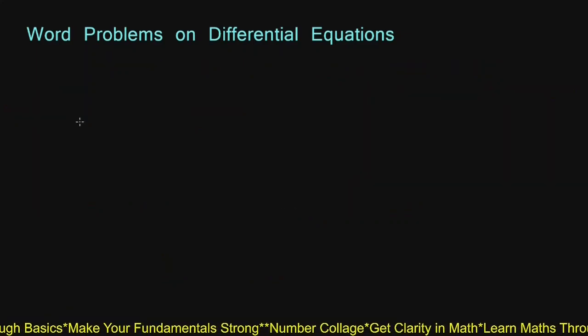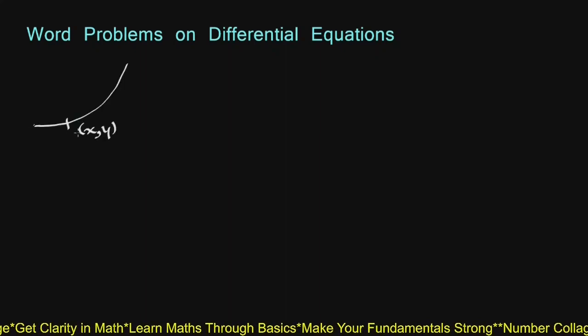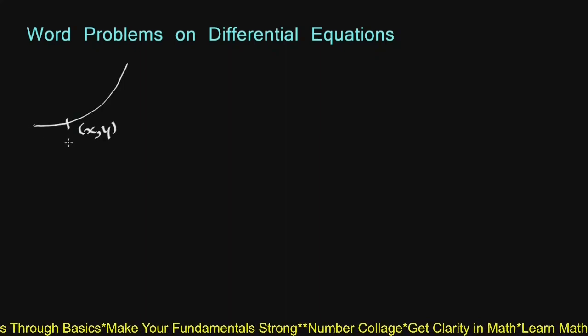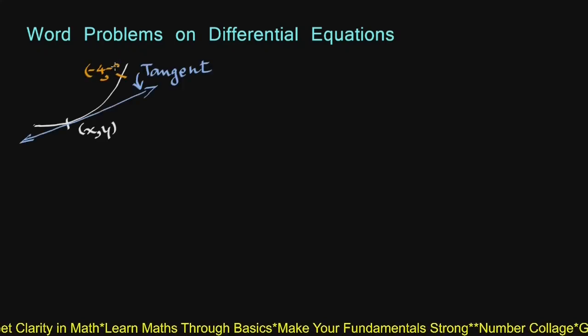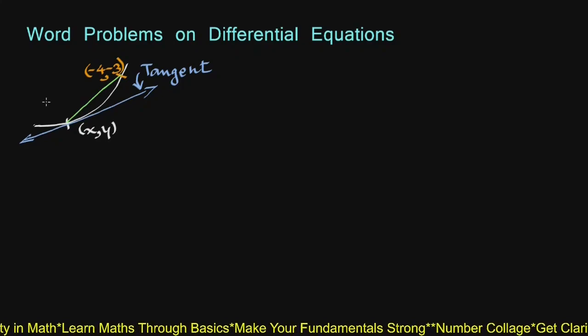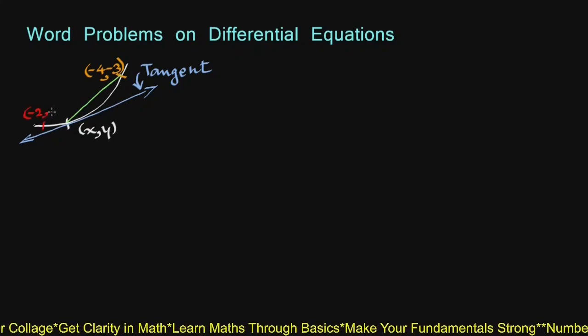At any point (x, y) of a curve, the slope of the tangent joining the point of contact to the point (minus 4, minus 3) is twice the slope of the segment. Find the equation of the curve given that it passes through (minus 2, 1).